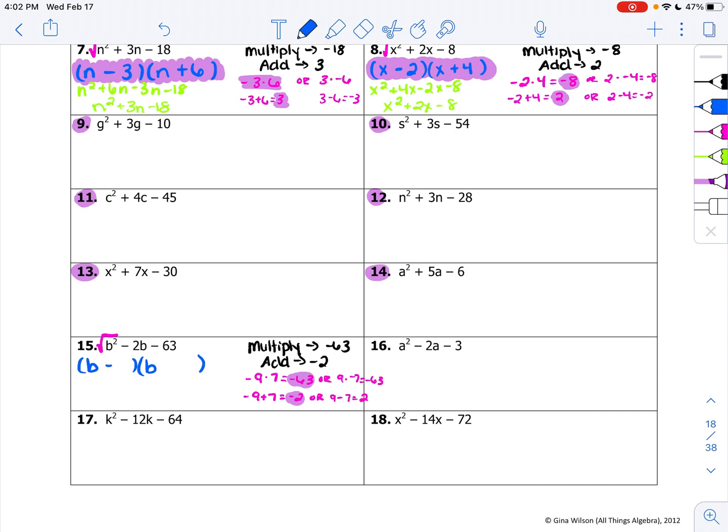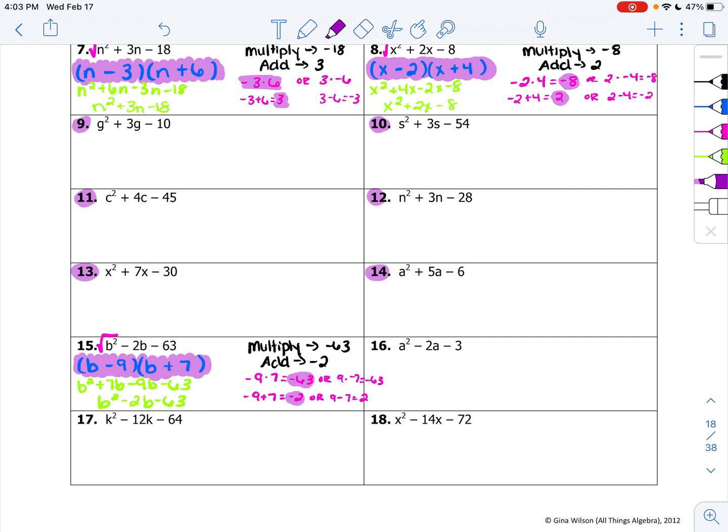So it would be minus 9 plus 7. Then we're going to FOIL it to check it. So first, outside, inside, last. Combine the 2 in the middle, we get b squared minus 2b minus 63, which is what we started with.